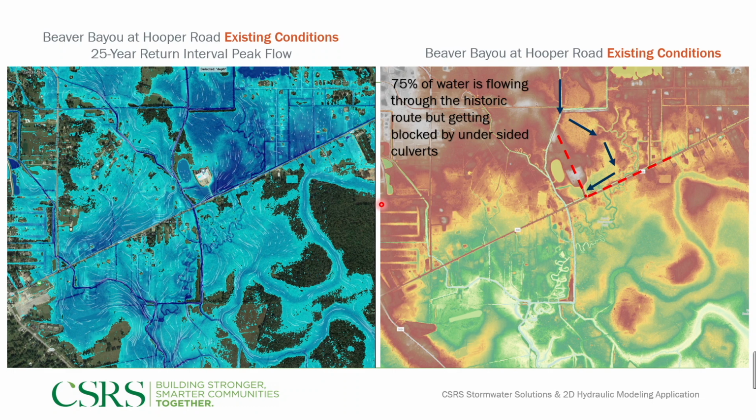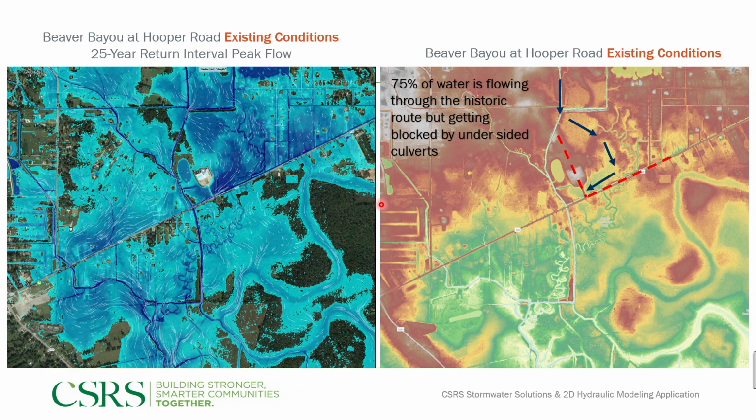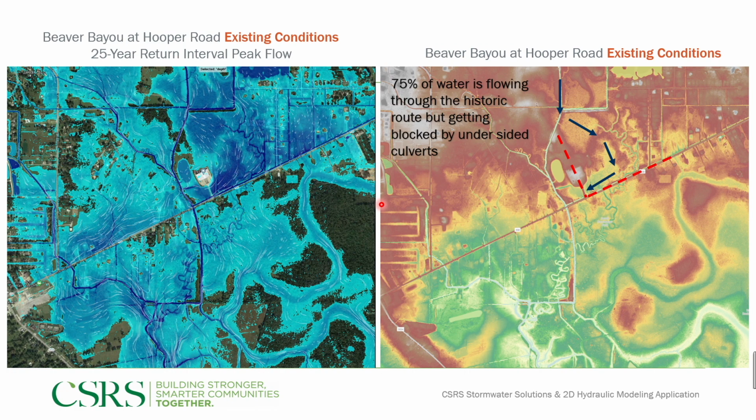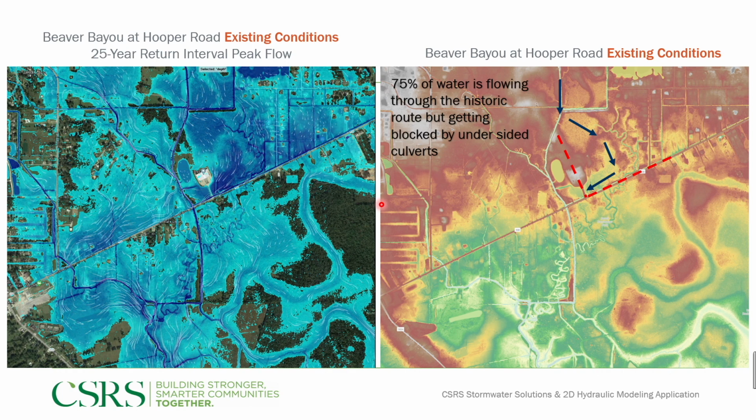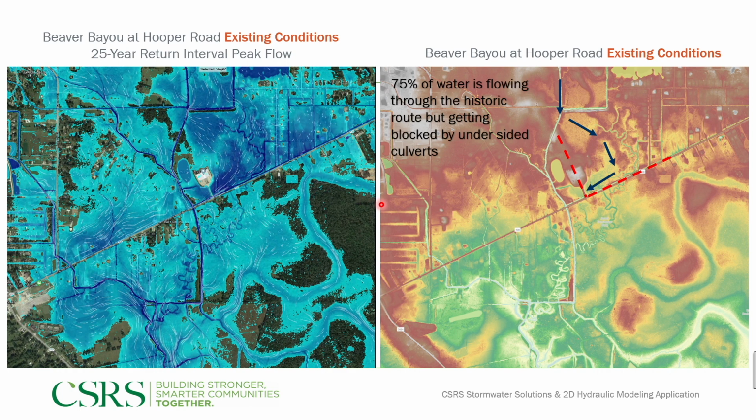And we've got these different shades of blue. These different shades of blue represent flood depths. The darker the blue, the deeper the water. And we've also got what we call flow lines or flow tracers. These are helping us understand the direction of water flow.